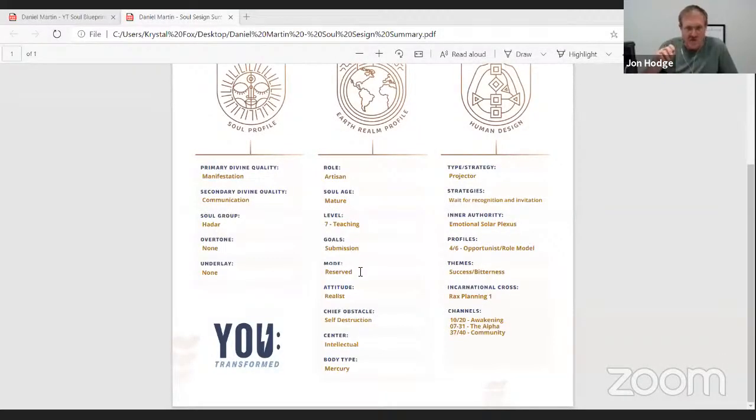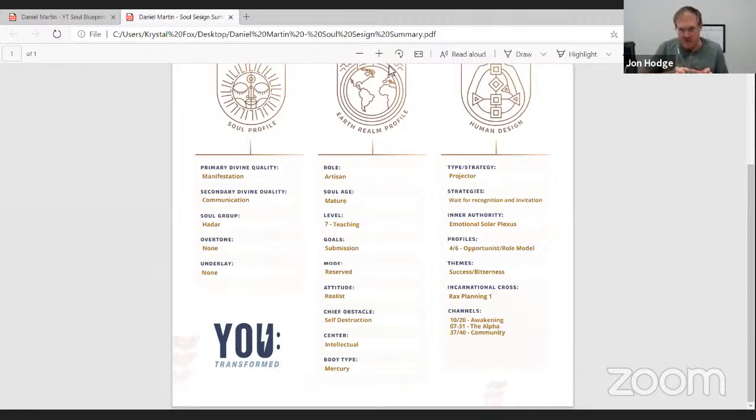Reserved means, yeah, we're on reserve there. What your reserve mode means is you're working through a submission goal, but your mode is reserved, intellectual, internal. Reserve means that you take everything in and you internalize it and analyze it before you do anything with it.